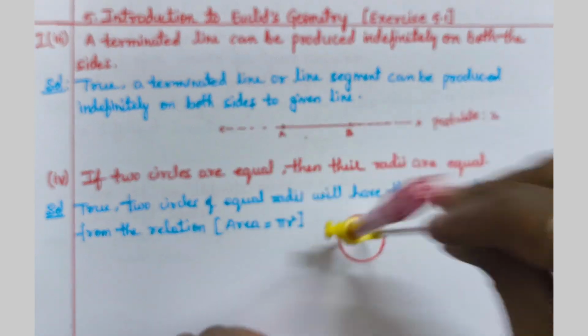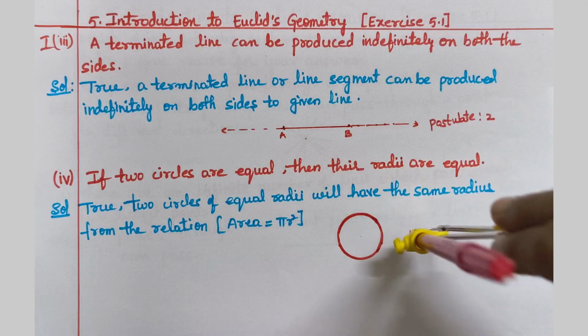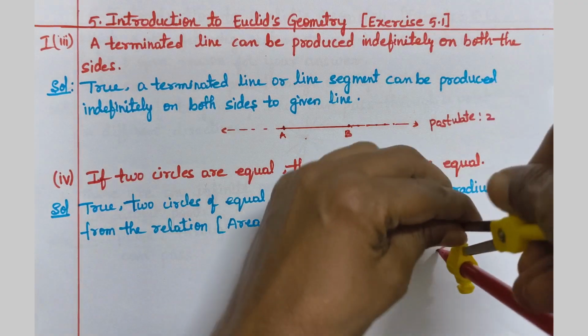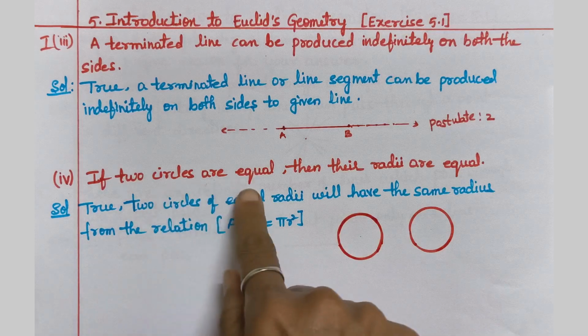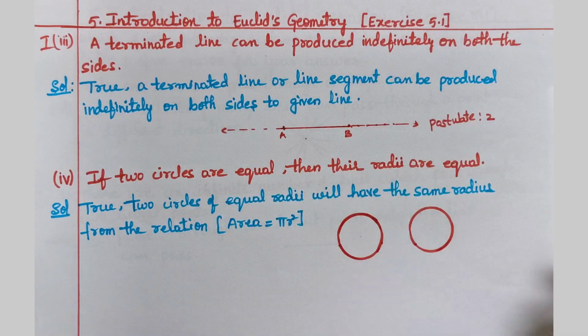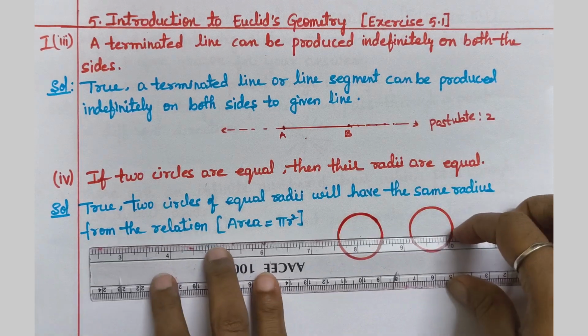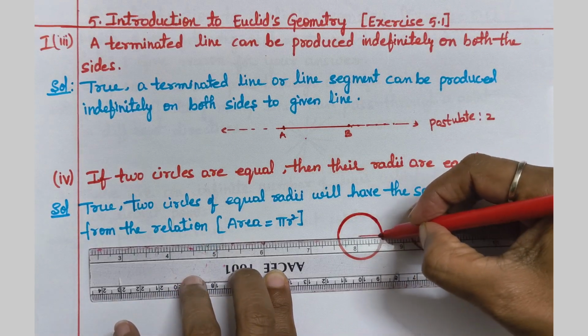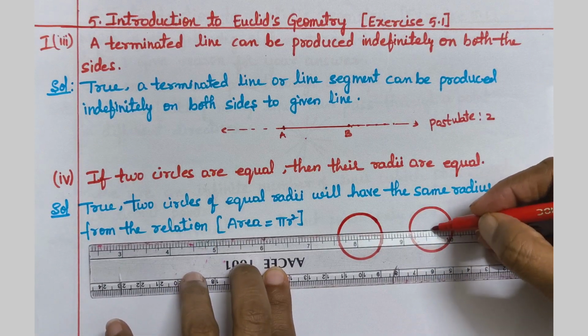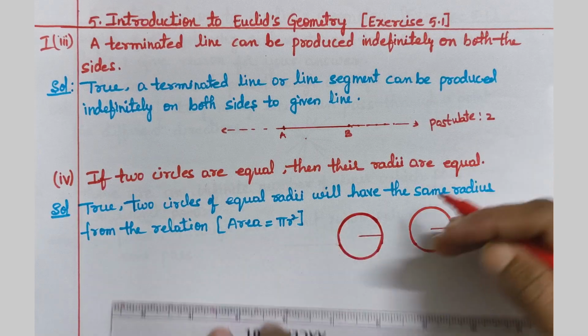With the same radius, the same measurement, I am taking one more circle. Two circles are there. If two circles are equal, then the radii are also equal. Now both radii are equal. This is true.